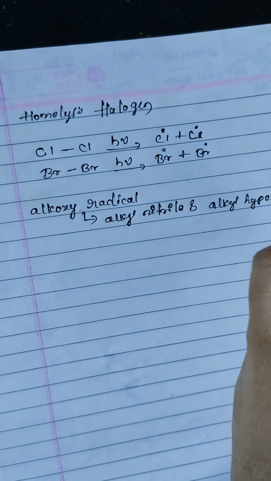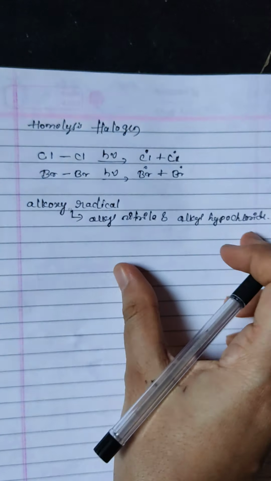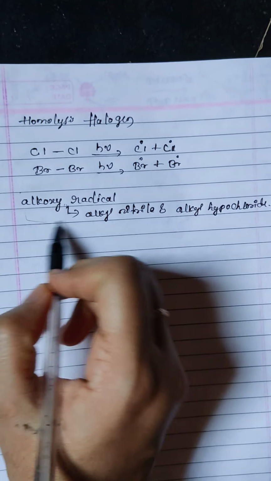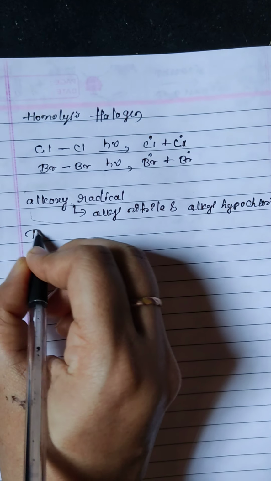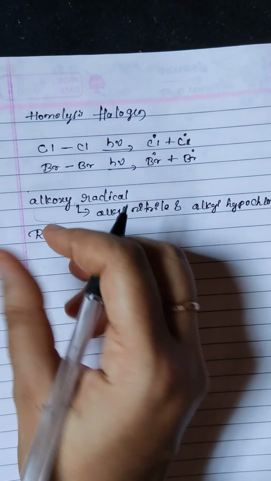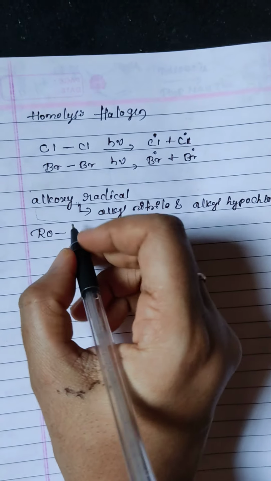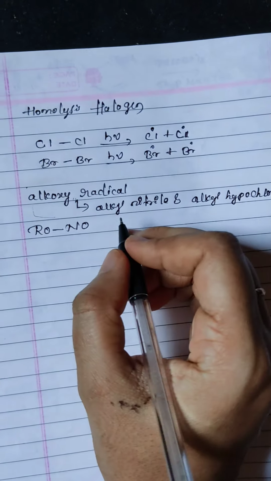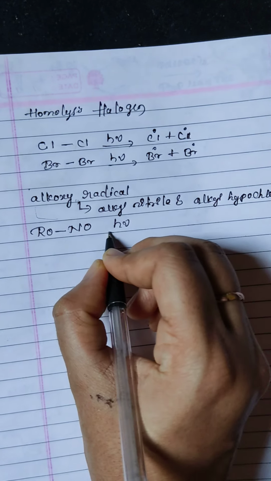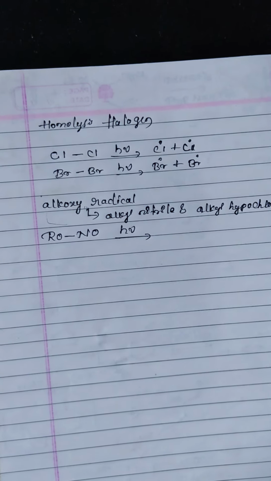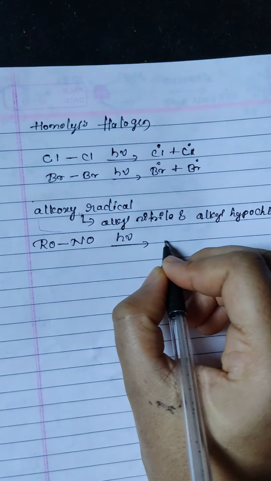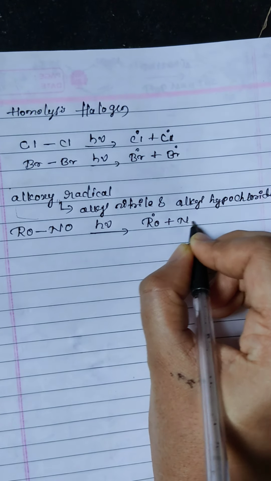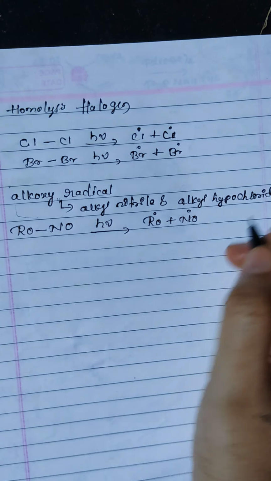Both are generated by the alkoxy radical, called RO. Nitrite group NO, alkyl nitrite: in the presence of UV light, one is RO, the first free radical, and NO, the second free radical.